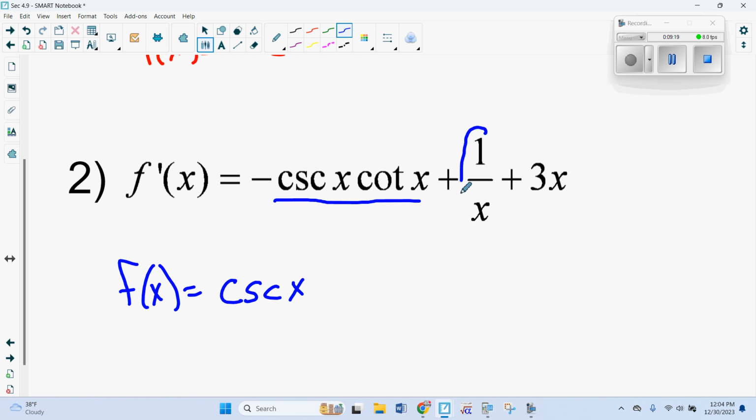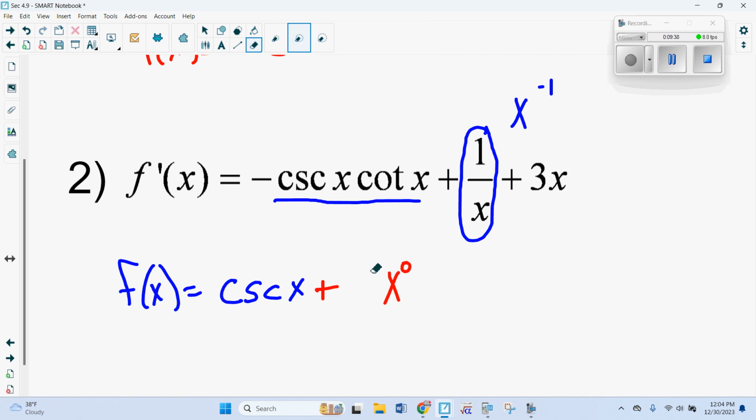Now, when you have something like this, you want to think about this as x to the -1. And then when we add 1 to this exponent, we would get x to the 0. But x to the 0 does not make any sense.